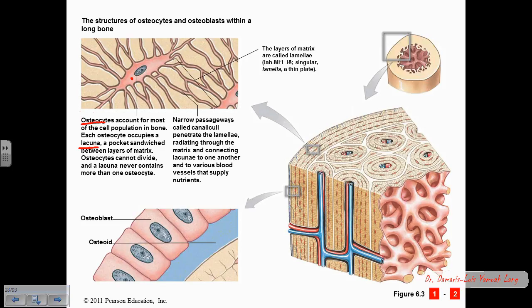And this lacuna is connected to this lacuna by means of these little canals called canaliculi. This narrow passage is called canaliculi, so that things can be connected between the two. And so this is showing us an osteon, right? Another osteon. Do you all see that?